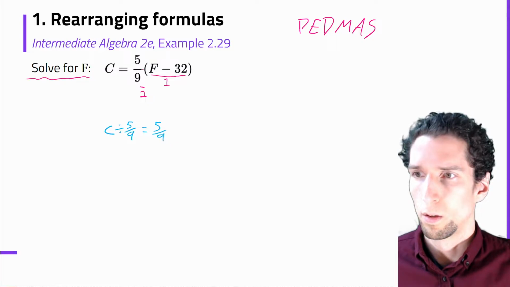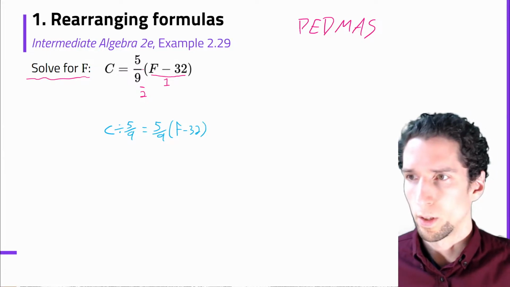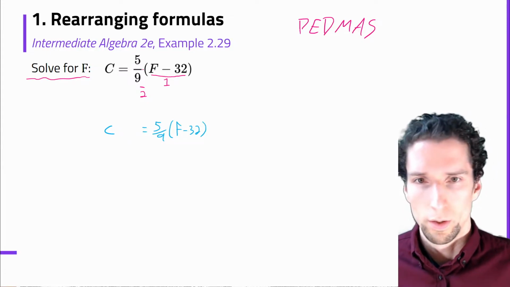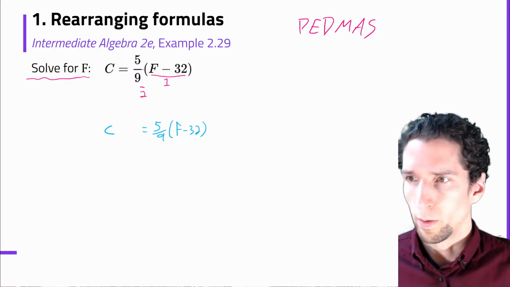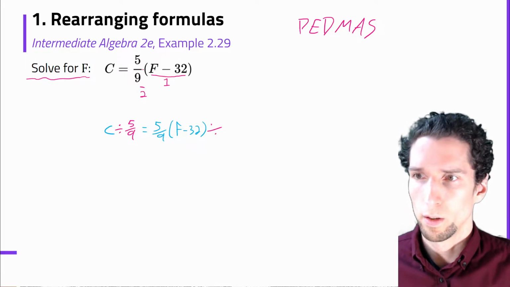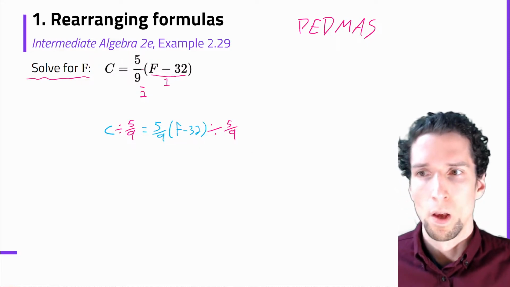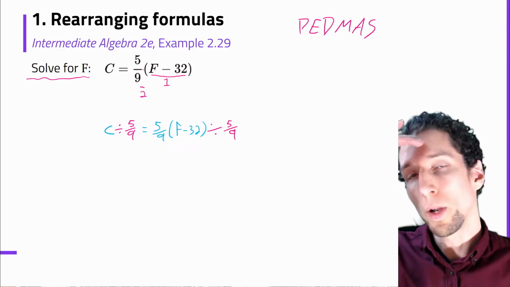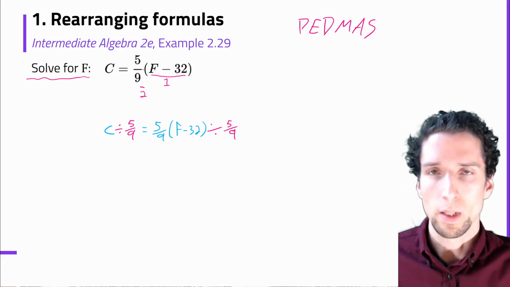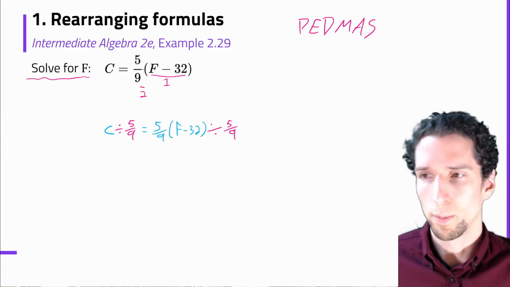I'm going to erase this and do the color coding a little better for clarity here. So 5/9 times F minus 32, and dividing by 5/9. We're doing the same operation on both sides. That's how everything stays balanced. That's what we talked about in the previous video.